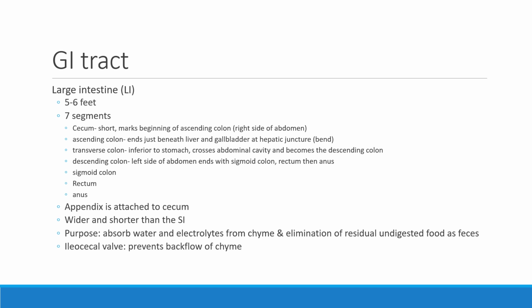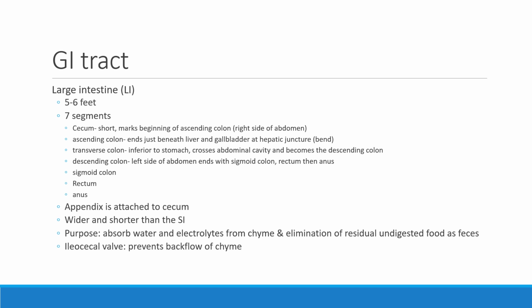The transverse colon is inferior to the stomach, crosses the abdominal cavity, and becomes the descending colon. Then we have our descending colon, which is on the left side of the abdomen, and it ends with our sigmoid colon, rectum, and anus. The appendix is attached to the cecum, and again does not aid in digestion, but can become inflamed.